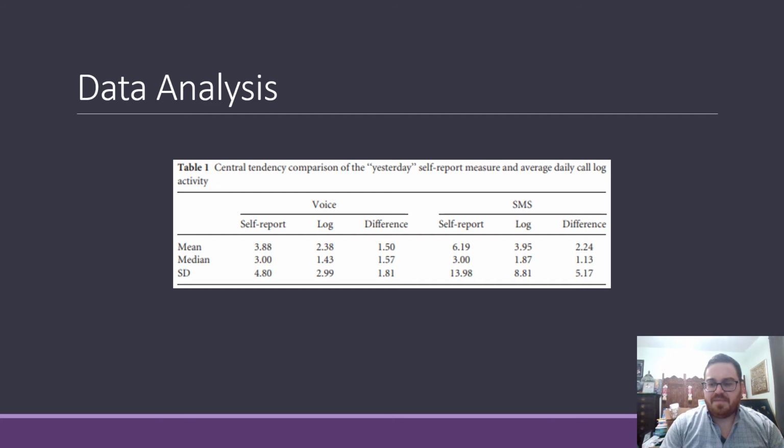This tends to mean that people over-report what they think their actual cell phone usage is. And this is something that does seem to occur throughout the study that the researchers have found.